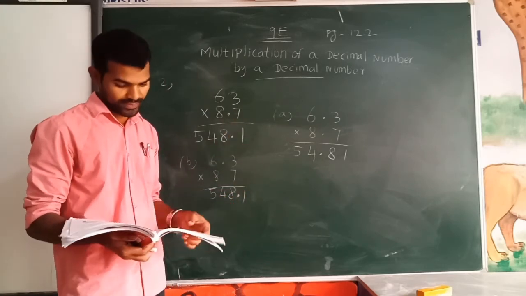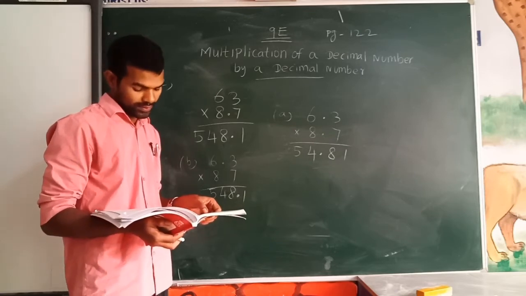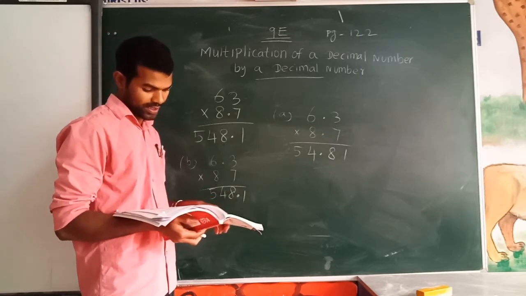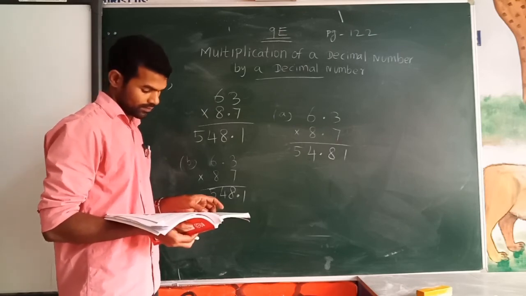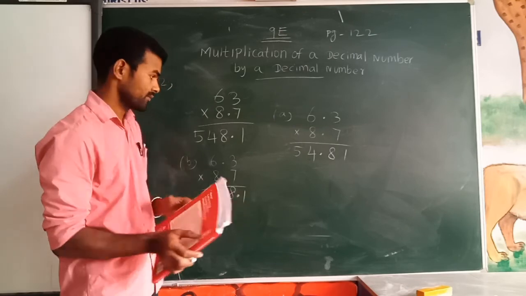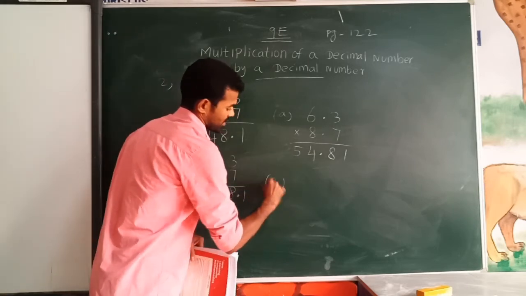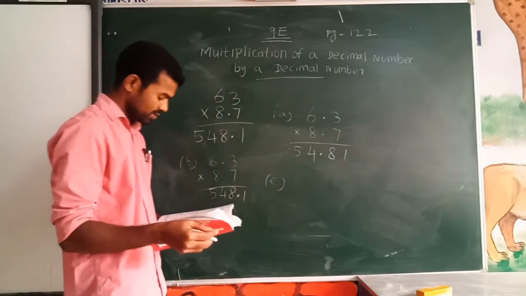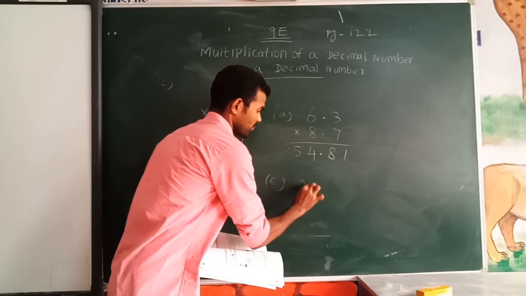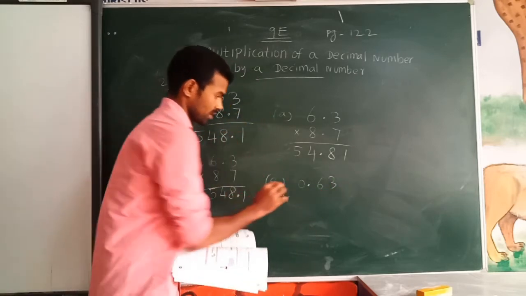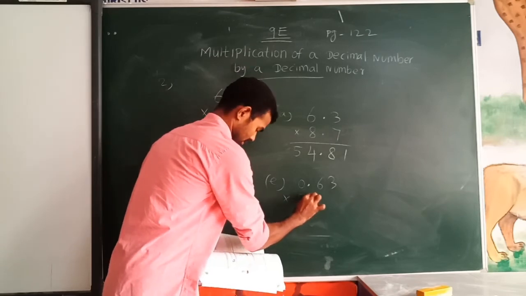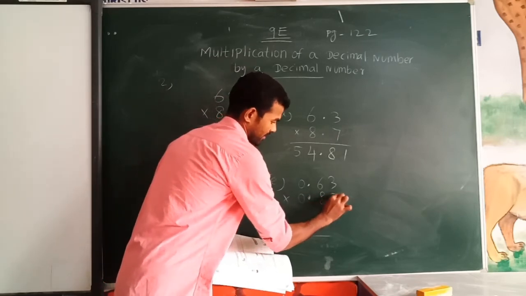Okay, like that. So let me do one question. Question number E. The remaining you can do like this. Question number E, 0.63 multiplied by 0.87.